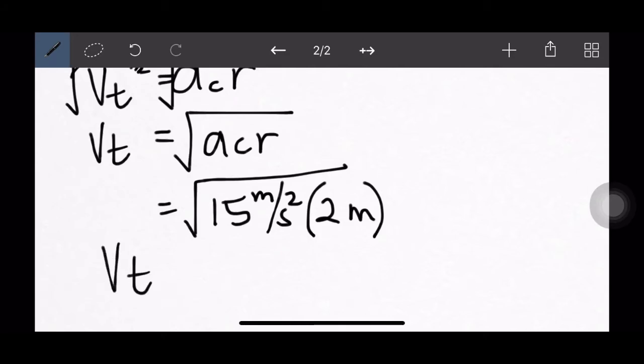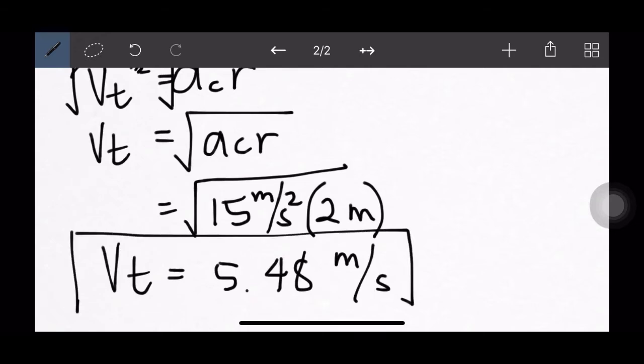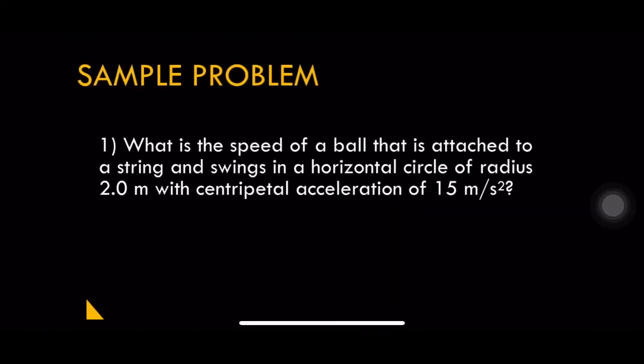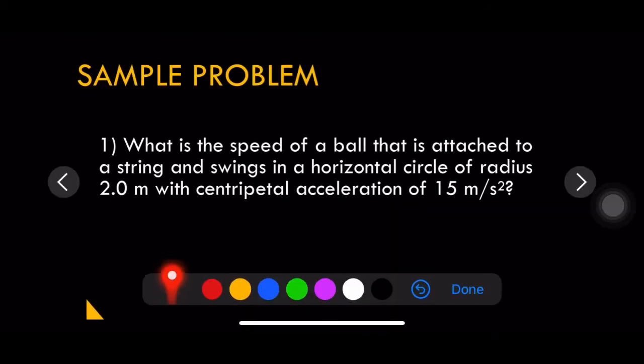So the tangential velocity is 5.48 meters per second. That's the answer for number 1: the speed of the ball is 5.48 meters per second.